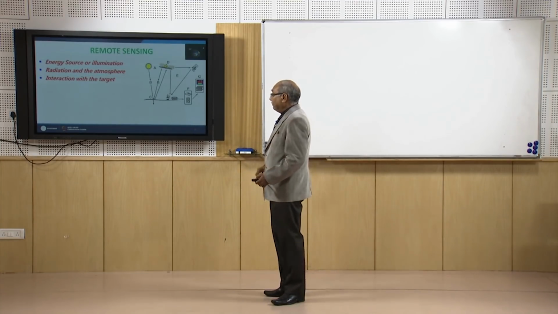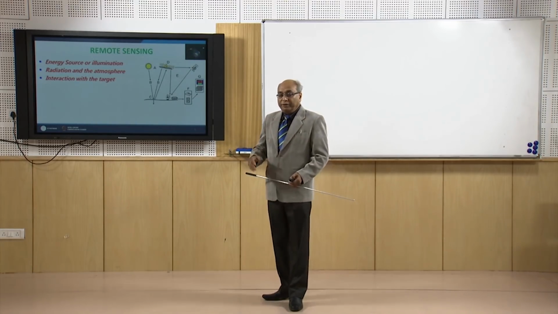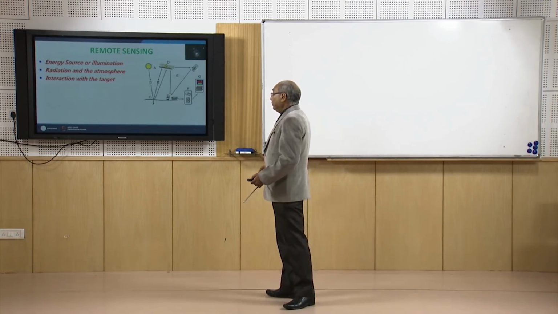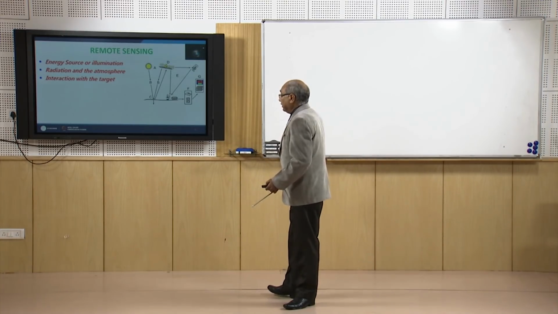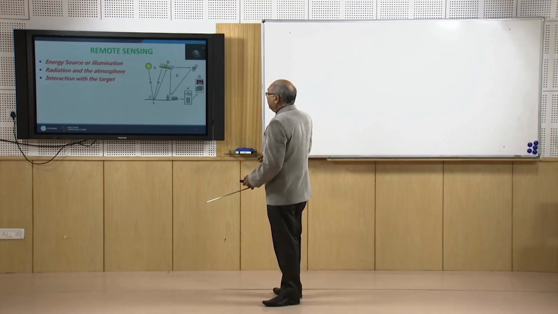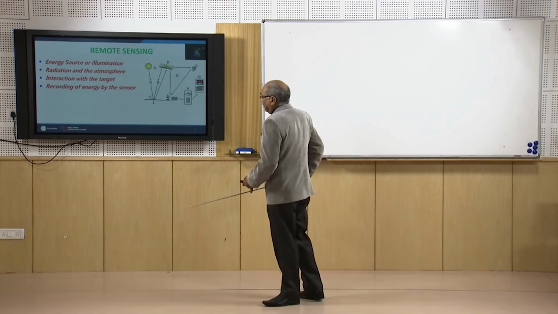Then there is the interaction it has with different objects. For example, if the solar energy is falling on water, it will have different reflectance. If it is falling on bare ground, it will have different reflectance. If it is on vegetation, it will again be different. So the interaction with the target is also important, and that makes the basis of image making, image interpretation and analysis.